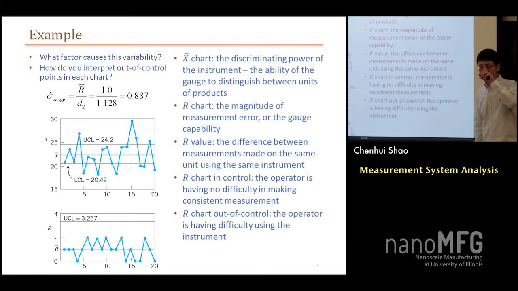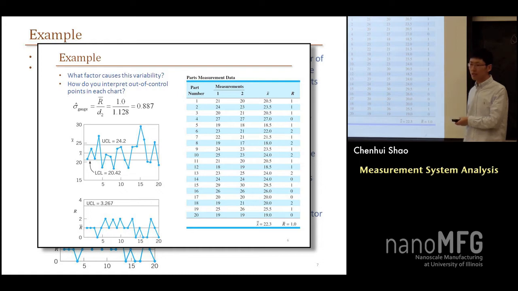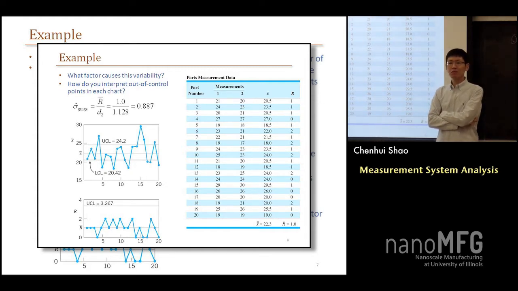Okay, let me ask you. If I have a gauge with a small R value for all of the readings, can I be sure that this gauge is good? No. Why? You may have an offset. Speak up. You may have an offset. Yeah, you may be measuring all wrong numbers, but you're very confident. So there are multiple paths to this problem.